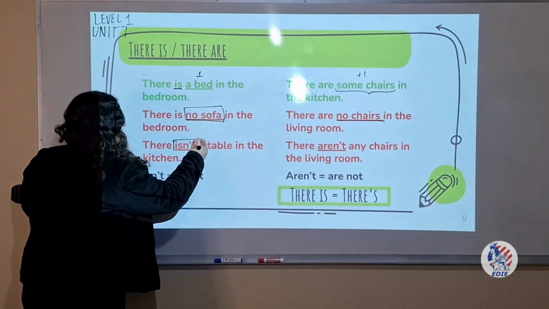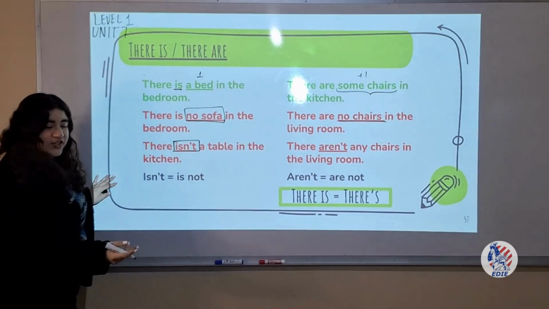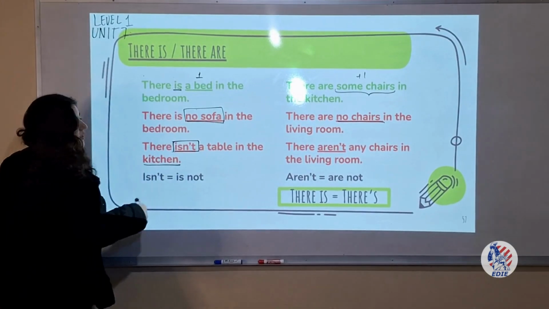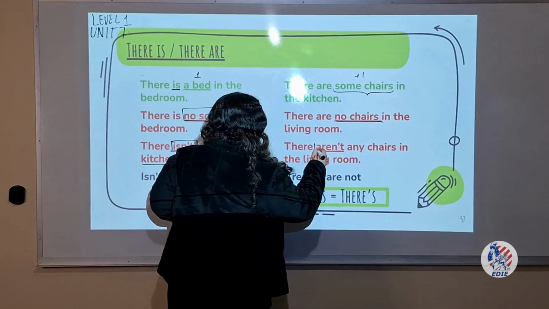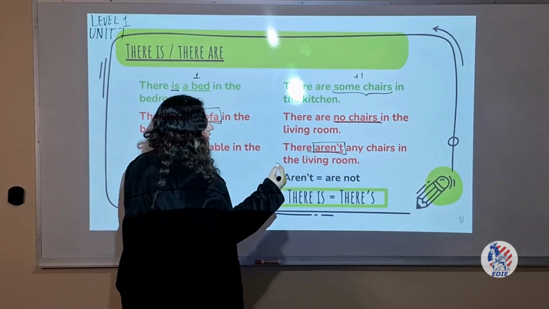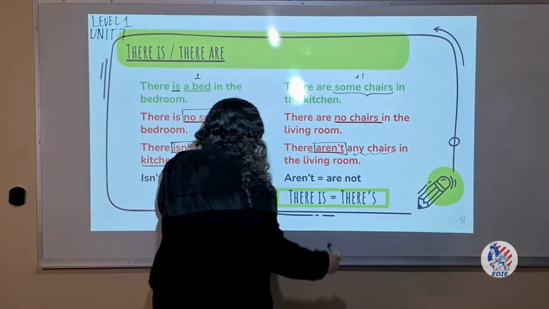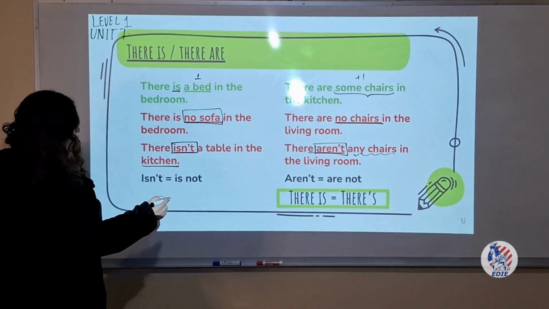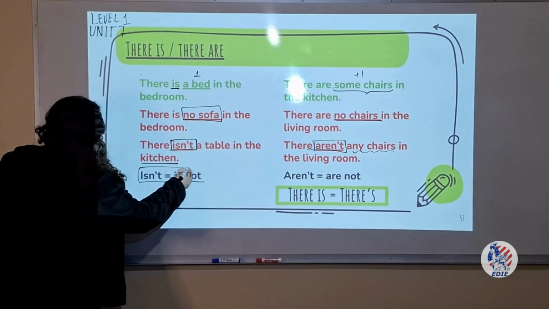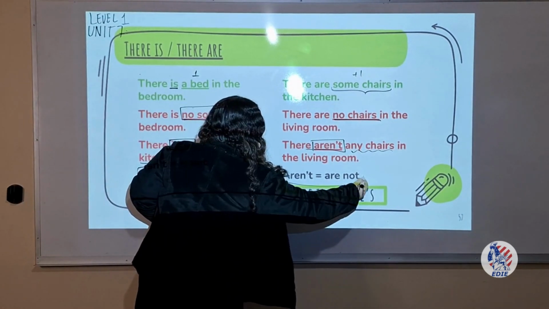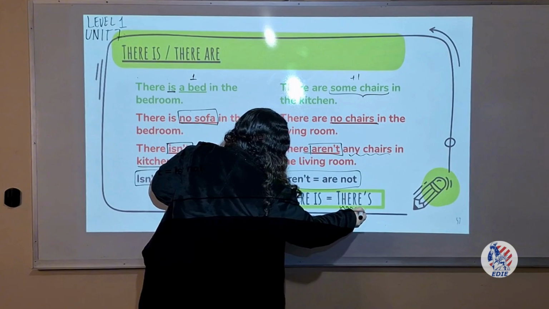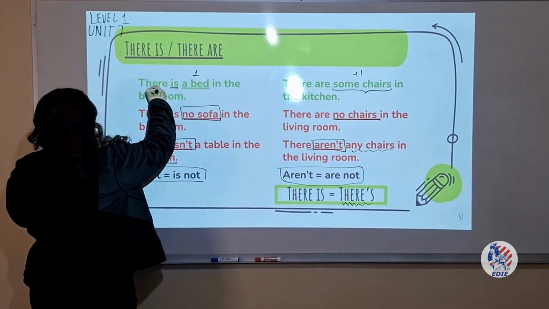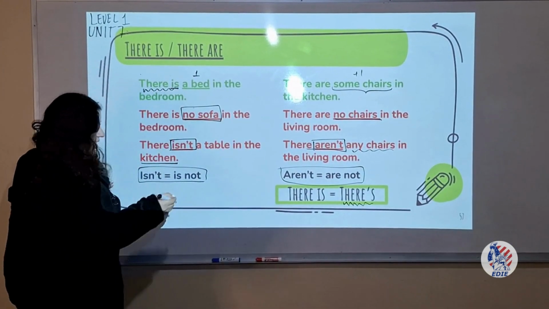There isn't a table in the kitchen. Here we are indicating that we're missing a table in the kitchen. While here, there aren't, negative, to indicate that we are missing chairs from the living room. We have to keep in mind that isn't and aren't are both contractions. And we can also use a contraction, there's, when we are using the positive of there is.